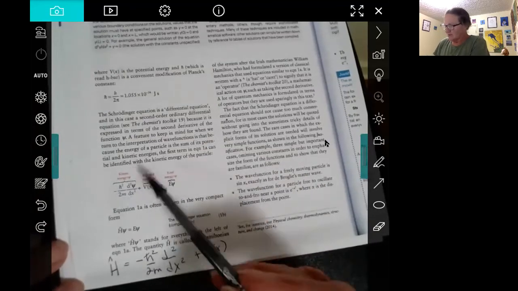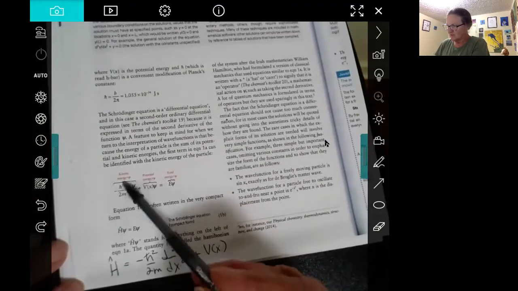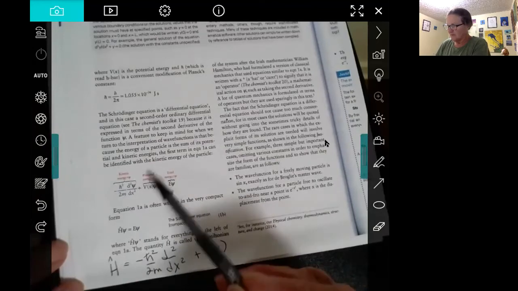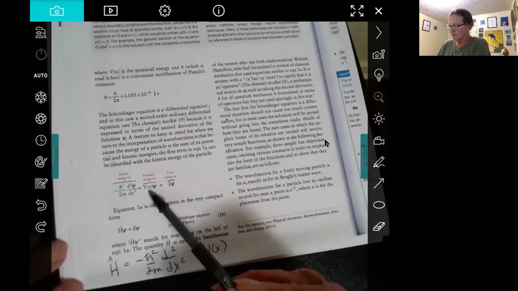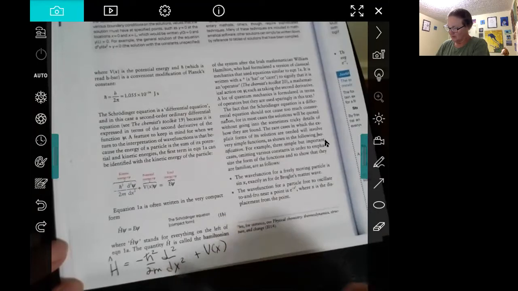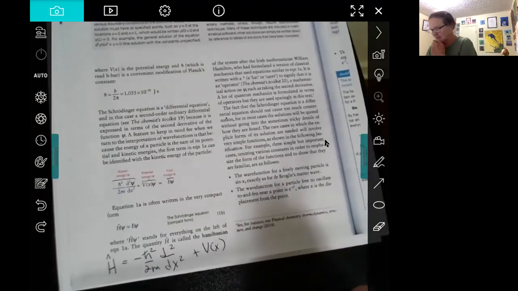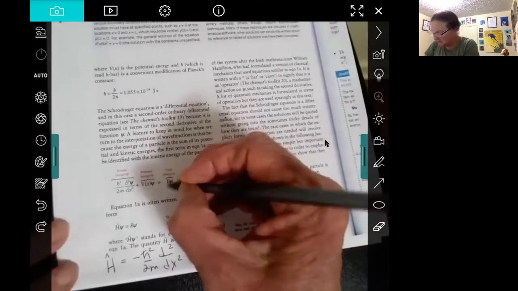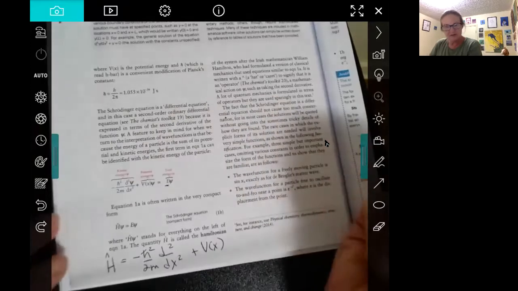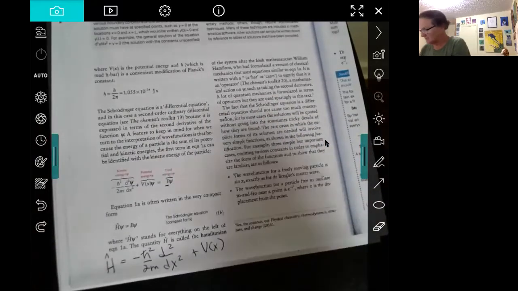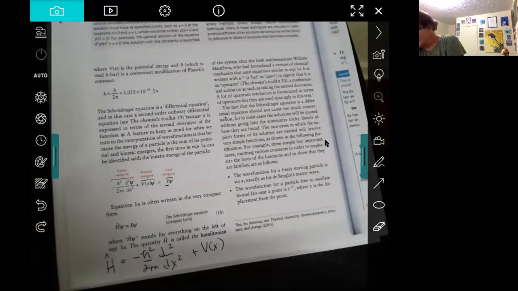So looking at this, you're taking the second derivative, multiplying it by some stuff, and then you're multiplying the wave function. So this just abbreviates that. And that H, called the Hamiltonian operator, is the operator that will tell us the energy. So this E right here is the total energy of a system.